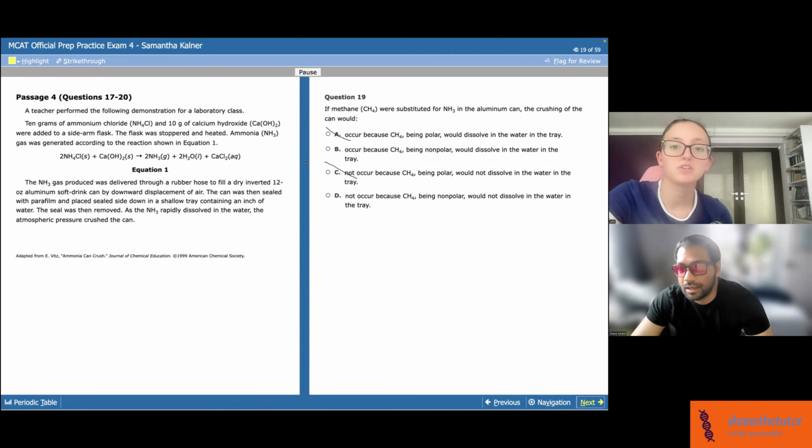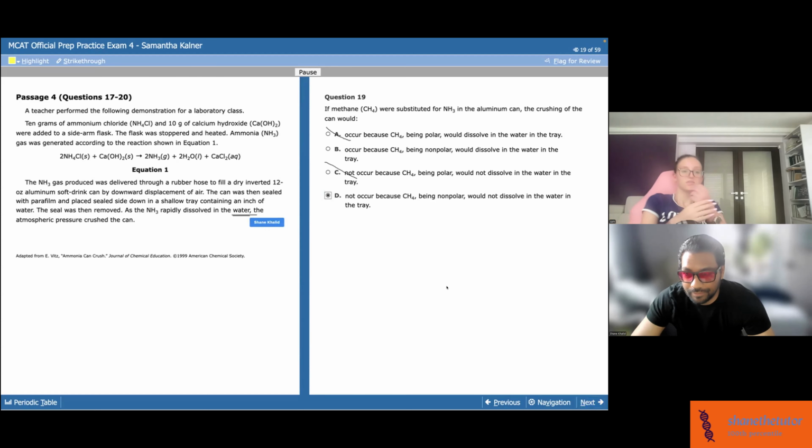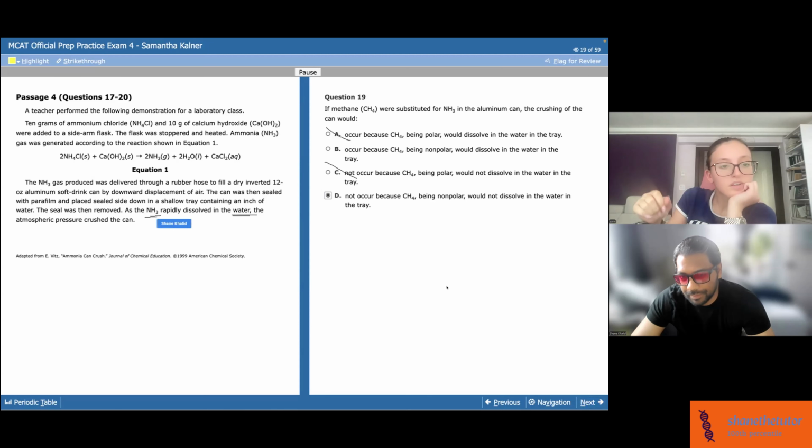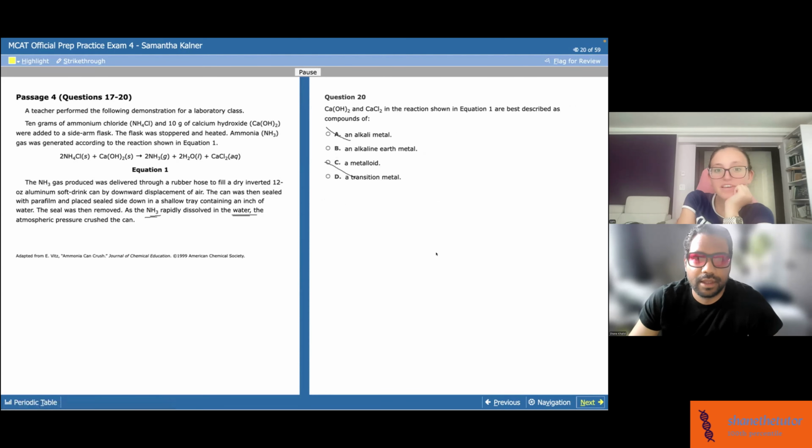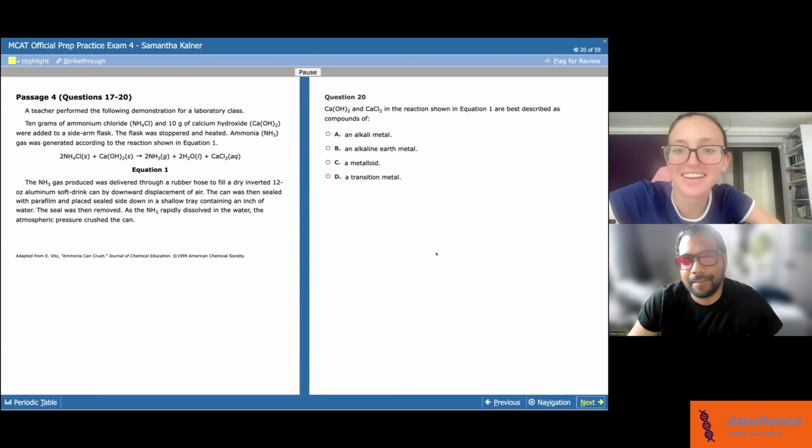But NH3 was polar, and what is this? Water? Non-polar. Oh, okay. So if this dissolves, then this wouldn't dissolve. Yeah, because water is polar, right? And that's why polar things would dissolve there. CH4 is nonpolar, so that one's easy. You just have to think.